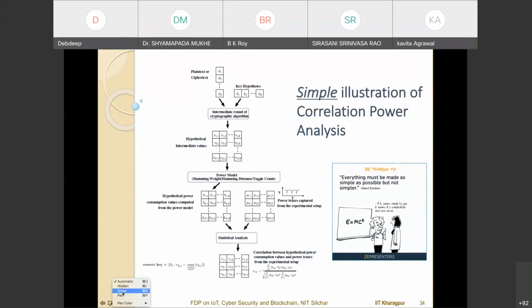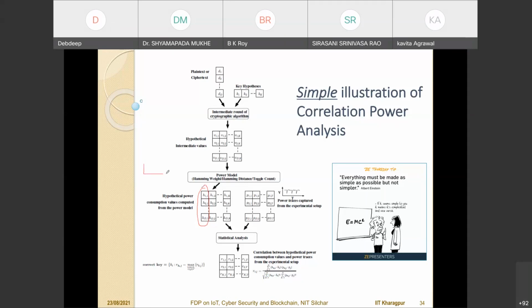Because in VLSI there is this notion that when a device is doing its computation and you want to get an estimate of how much the power consumption will be, then you apply power models. These power models could vary from simple to more complex. One of the simplest is what is called the Hamming weight power model.